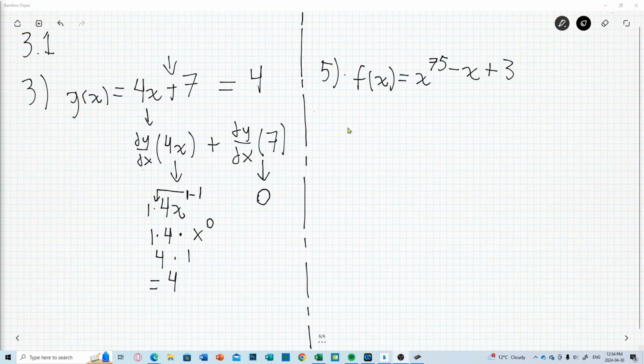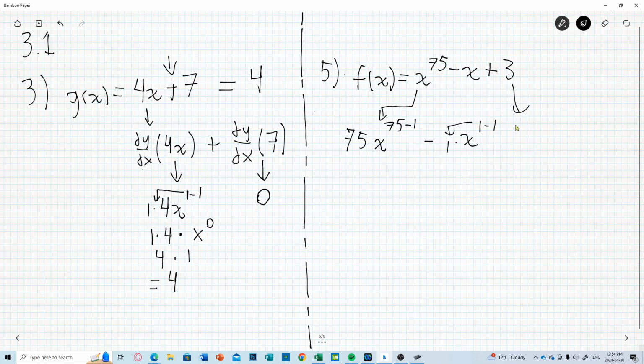The next question is question 5. It's made to kind of look tricky, but it's really not. You do the same kind of thing. You can split it up because it's subtracting and adding. So you bring the 75 down, so 75 x to the 75 minus 1, minus, same thing as the first question we did, x to the 1, bring that down, minus 1, and then the 3 becomes 0 because it's a constant.